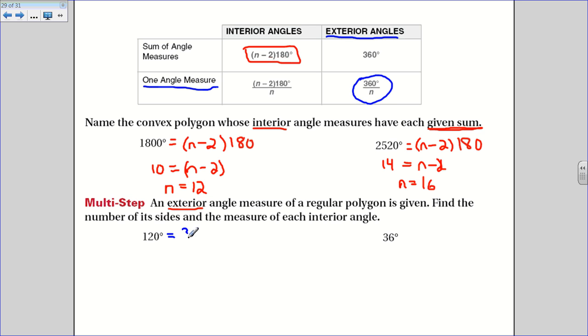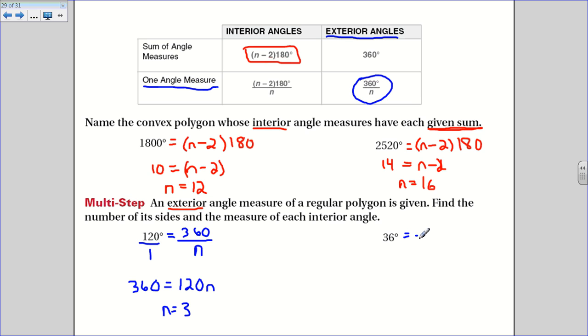So if I take this, 120 equals 360 over n, I could set this up as a proportion, cross multiply, and get 360 equals 120n, divided by 120, and I know now that this means n is 3, so this is a regular triangle.